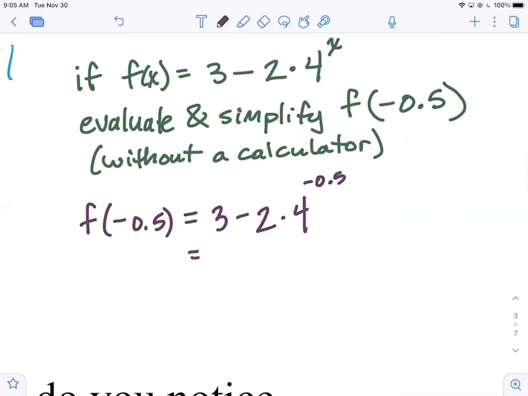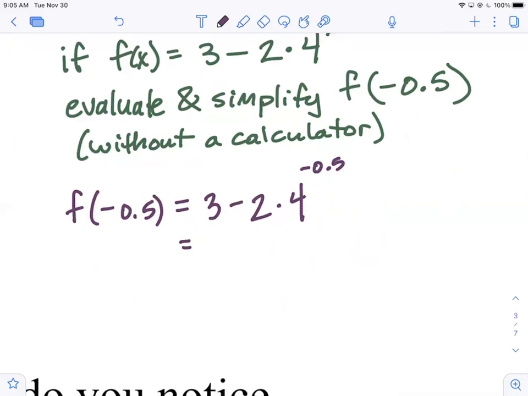Where do we go from there? Oh, what's that? Turn the 4 into a 1/2? Yeah, since the power to a 0.5 turns it into a half. Okay, let's talk about that. First of all, can I multiply those two together and call that 8?